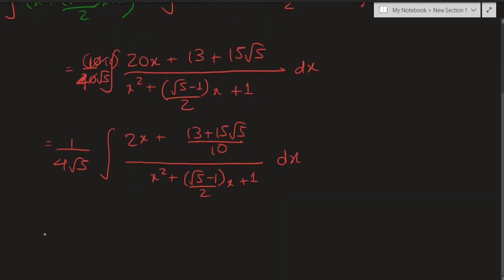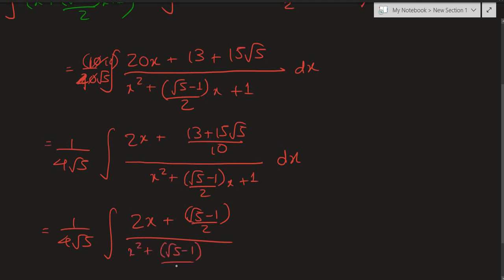So to truly duplicate the derivative of the denominator, we also need to add root 5 minus 1 over 2 because of the derivative of this term. So we have 1 over 4 root 5 as it is. So we have 2x plus root 5 minus 1 divided by 2 divided by x squared plus root 5 minus 1 divided by 2x plus 1 dx.